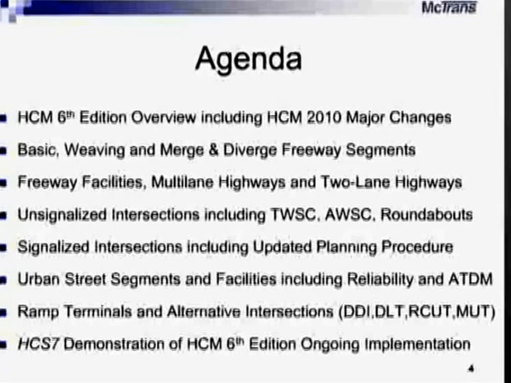And then at the end, maybe one of the biggest things coming to the 6th edition besides travel time reliability is alternative intersections, looking at modeling diverging diamond interchanges, displaced left turns, restricted crossing U-turn, and median U-turn intersections, something that's getting traction these days, especially DDIs. So that's the plan for the next little while.